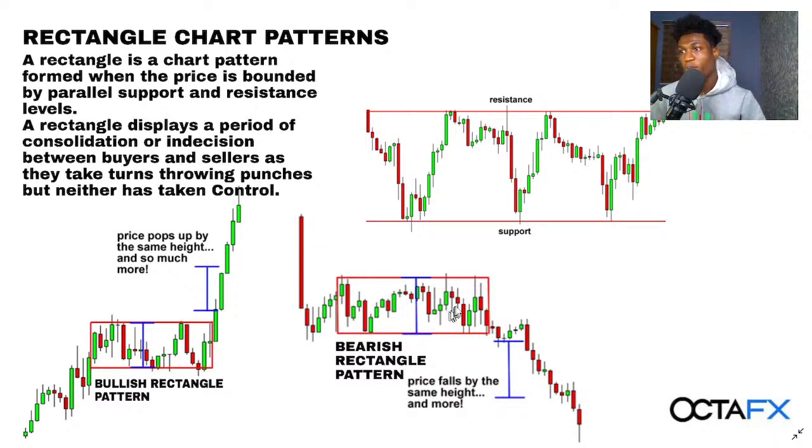So the price would test the support and resistance several times before eventually breaking out, and from there price would trend in the direction of the breakout, whether it is to the upside or to the downside. You just have to wait for one of these levels to be broken and then you go along for the ride.